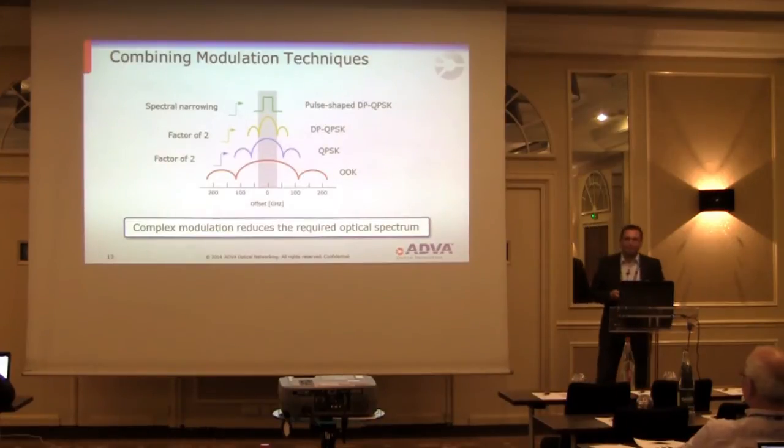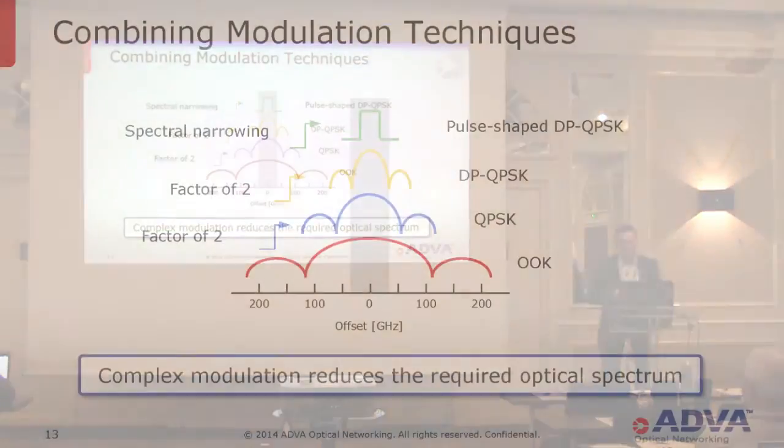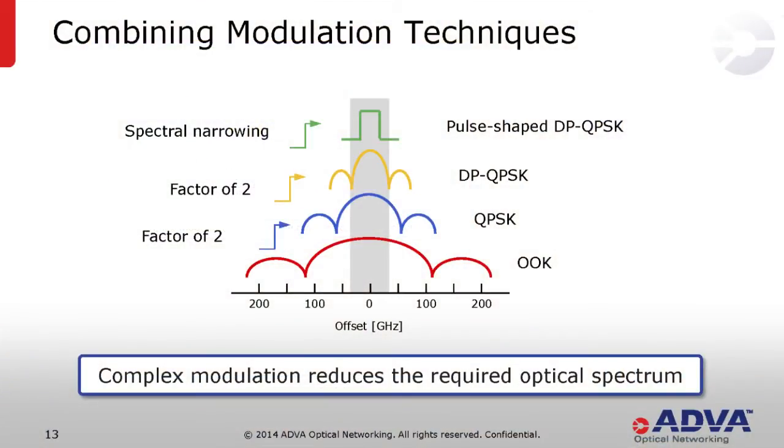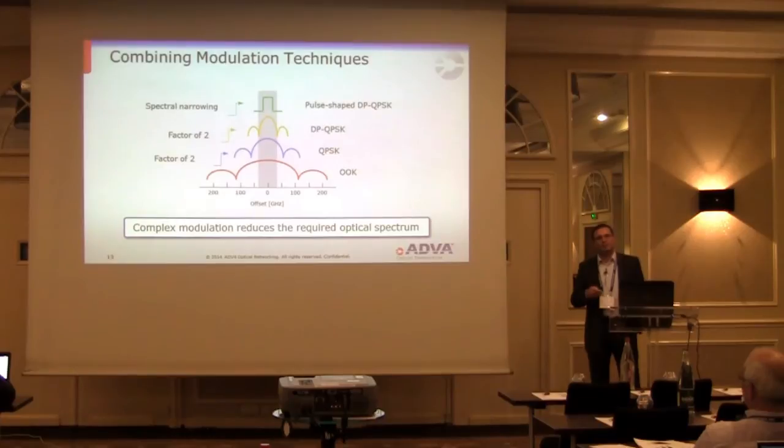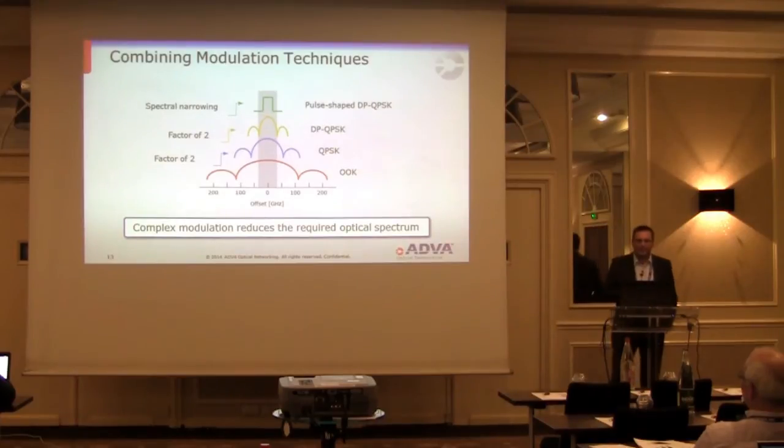This figure illustrates basically what we're doing. The red part of it shows on-off keying. The gray bar in the middle shows our 50 gigahertz of spectrum we have available to transmit, and clearly by using on-off keying, we are far off. Much too wide, can't do this, it interferes with the other channels. Now, if you use QPSK instead of on-off keying, we'll explain that in a minute, then we can already narrow this a little bit.